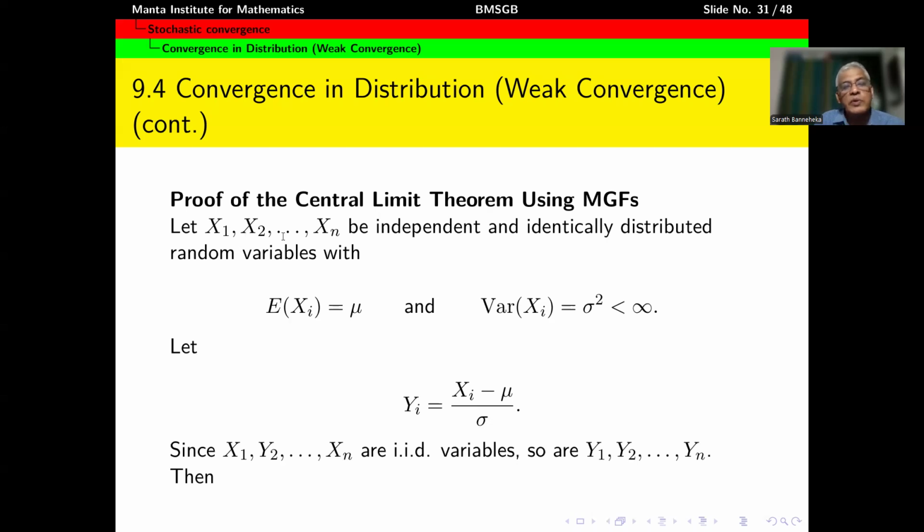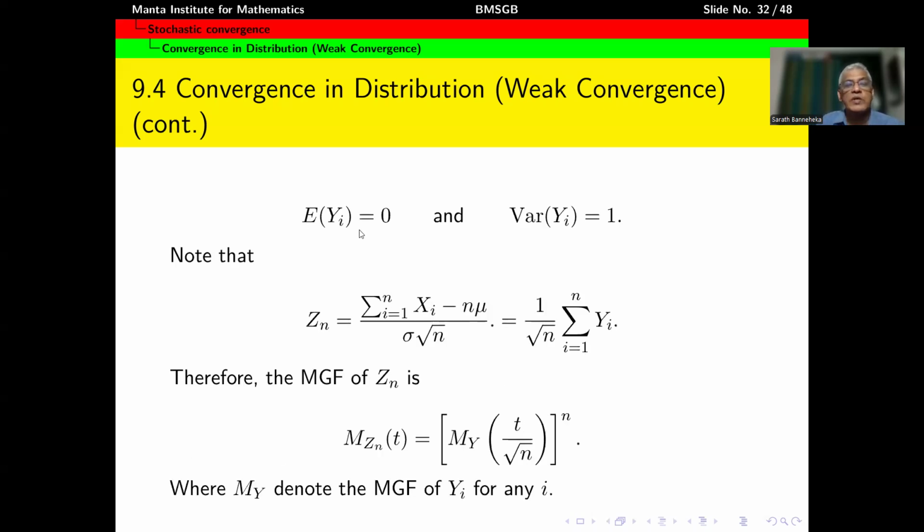Now because x1 up to xn are IID, y1 up to yn, defined like this for i from 1 to n, will also be IID. In that case, each yi will have mean 0 and variance 1, and therefore standard deviation 1. Right? So the expected value of yi is equal to 0 and the variance of yi is equal to 1.